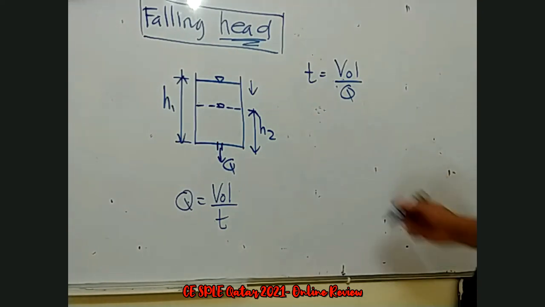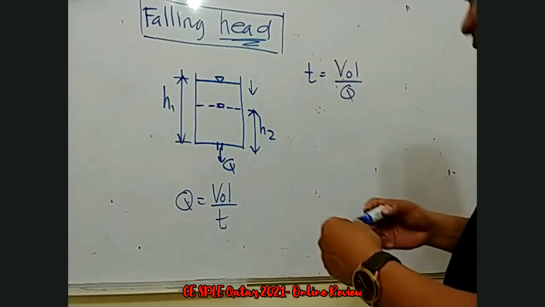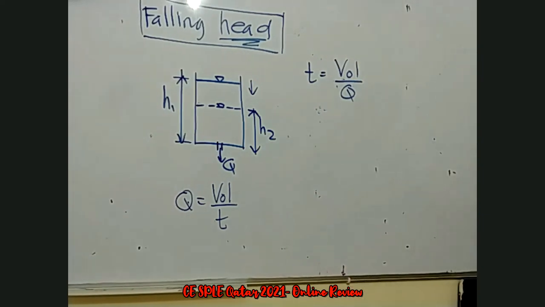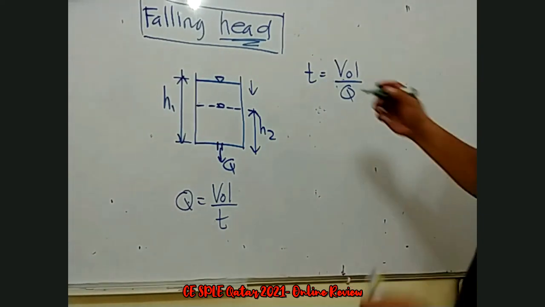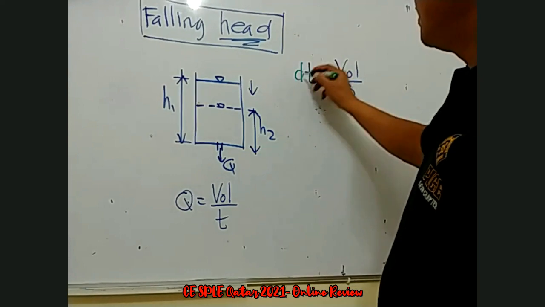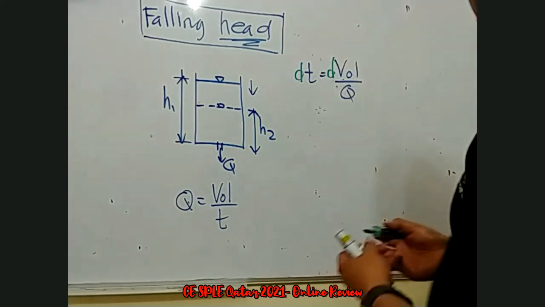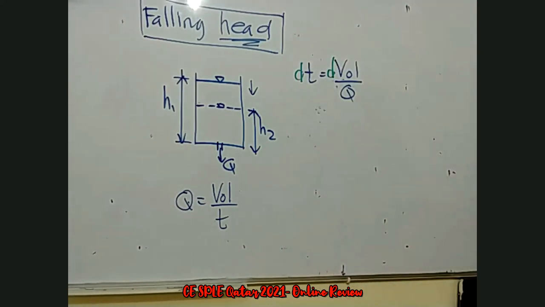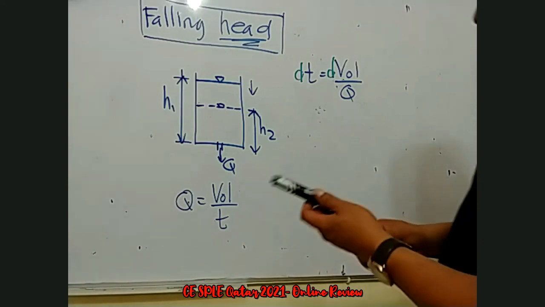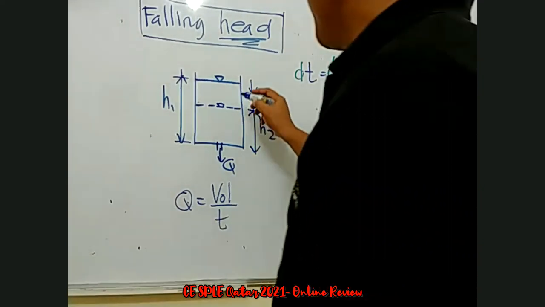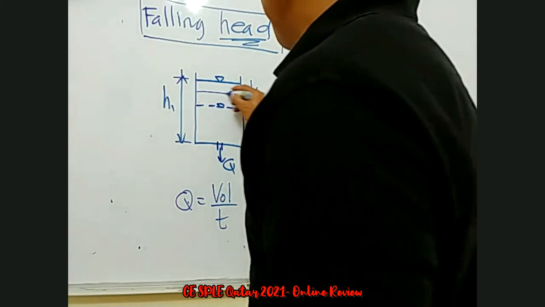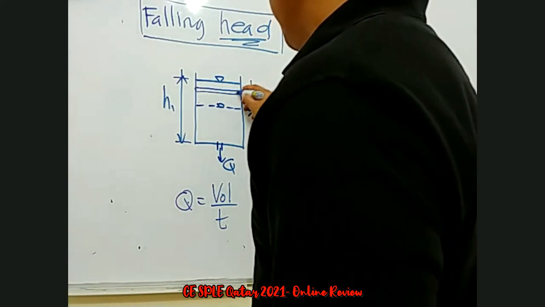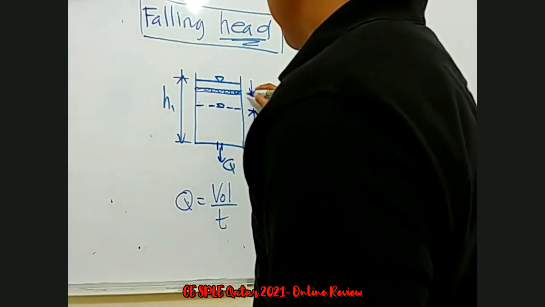Pero, pwede rin, gagamitan natin ang, ito yung pinaka-paborito nyo. Gamitan natin ang differential time, differential volume. Right? Okay? And what is your differential volume? Kuha ka lang dito ng differential, ano ito?